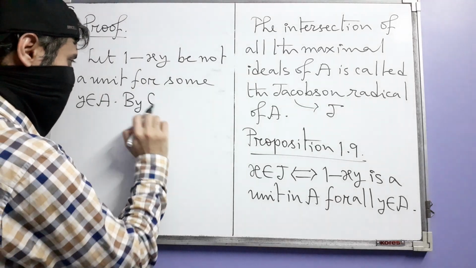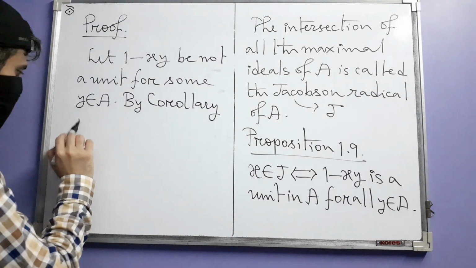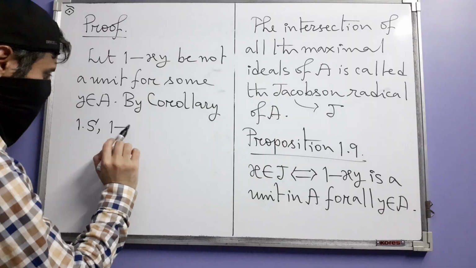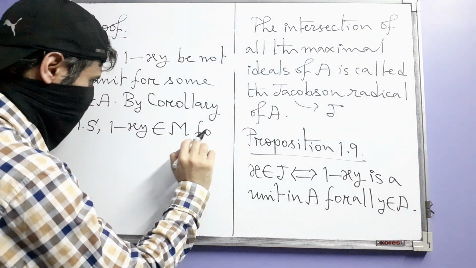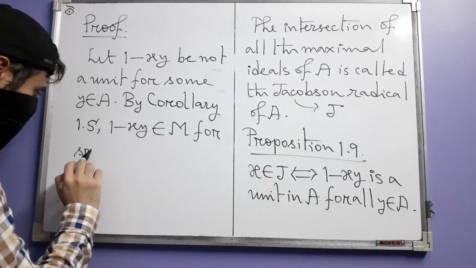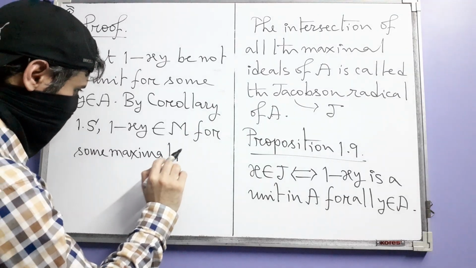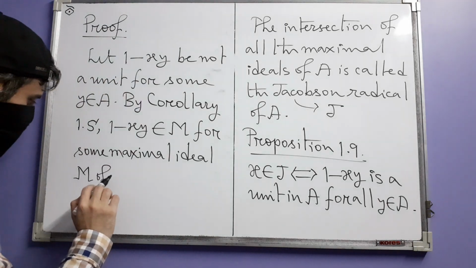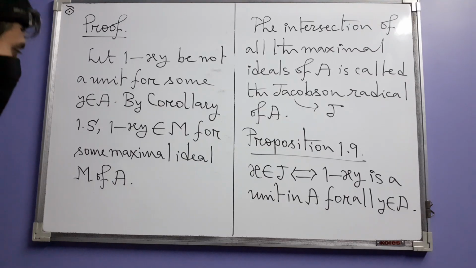By corollary 1.5, 1 minus xy belongs to M for some maximal ideal M of A. Alright. Now what does that mean?